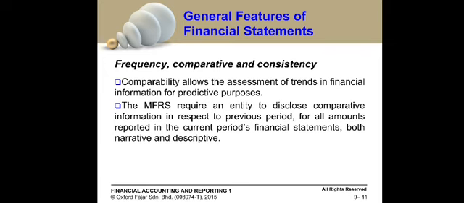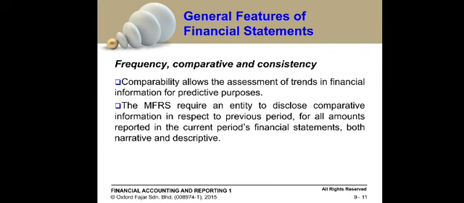So when you prepare a financial statement for a company, you have to show the financial statement for this year together with the financial statement of the previous year. That is the requirement made by the financial reporting standard.